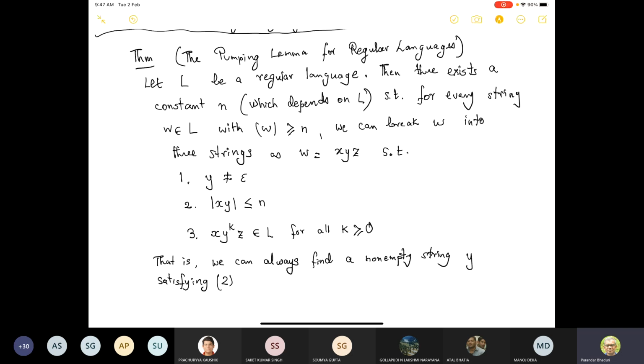Condition 1 says it's non-empty. Condition 2 says the length of XY is less than or equal to n.